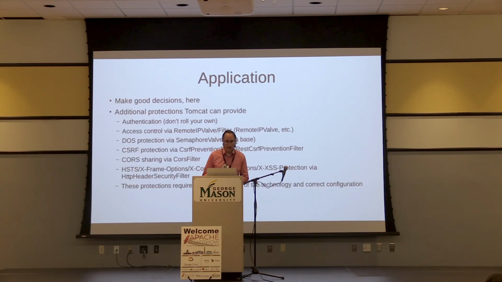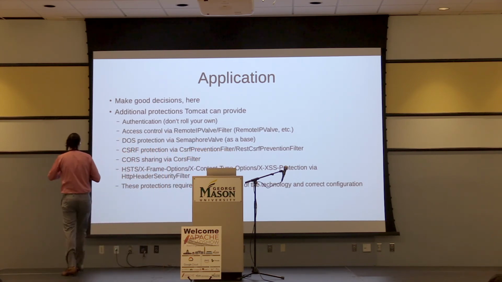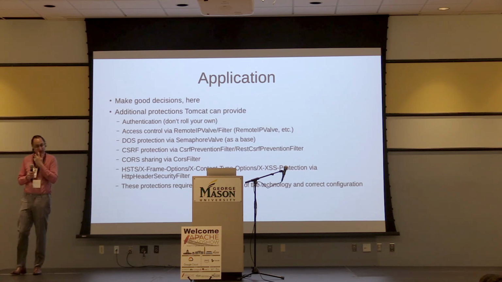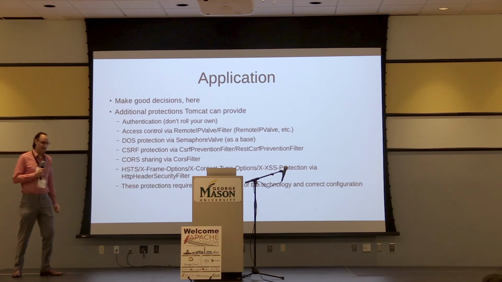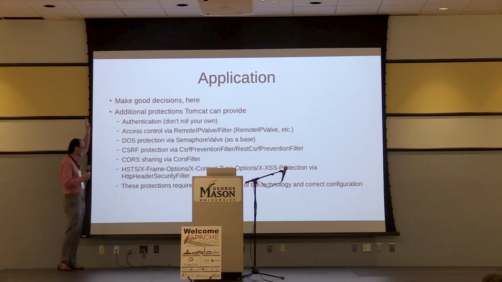All right. A few things that Tomcat can actually provide for you. Don't roll your own authentication. That's what I just mentioned. These are all valves or filters that come bundled with Tomcat, and they are very, very easy to configure. So I would suggest, if you're interested in DOS protection, anybody interested in DOS protection?